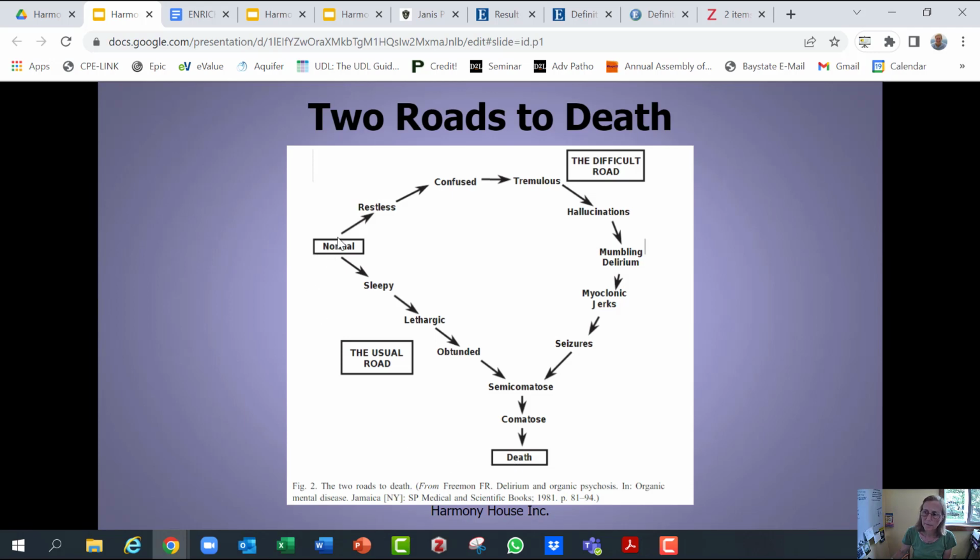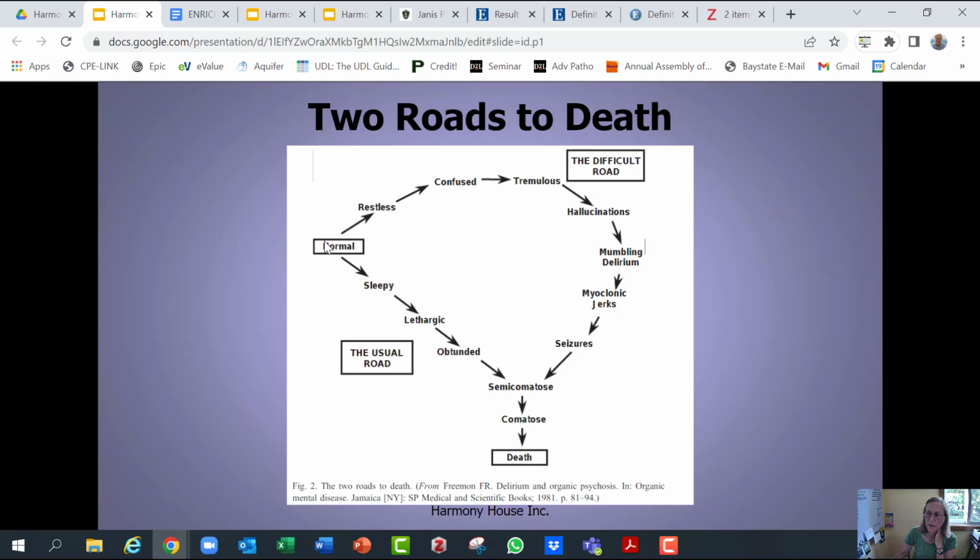This is in contrast to what they call the more difficult road, which is sometimes characterized by periods of restlessness, confusion. Sometimes patients can be tremulous, have hallucinations, delirium, some jerking motions, sometimes leading to seizures, and then eventually you see that it connects back with the usual road where someone is semi-comatose, comatose, and then death occurs.